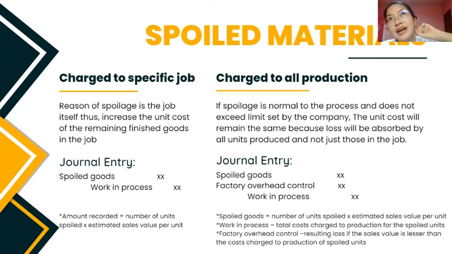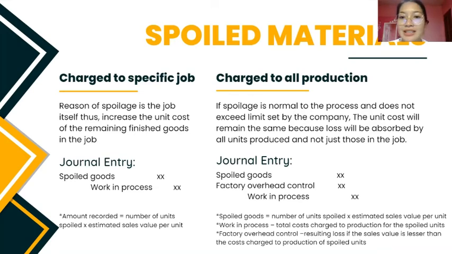Ni-increase dayon ang cost sa pag-manufacture sa product. So the journal entry is i-recognize siya nga spoiled goods, and then credit work in process. So the amount recorded is the number of units spoiled multiplied by the estimated sales value per unit.